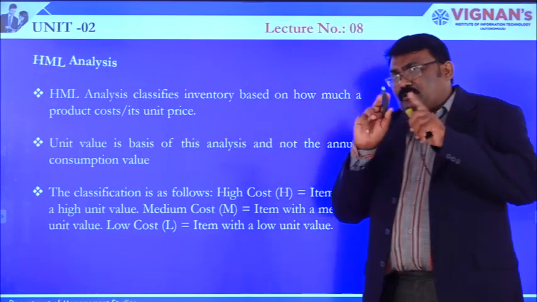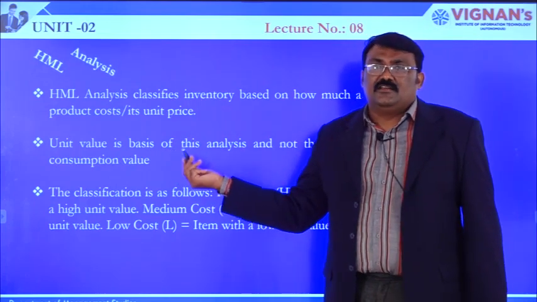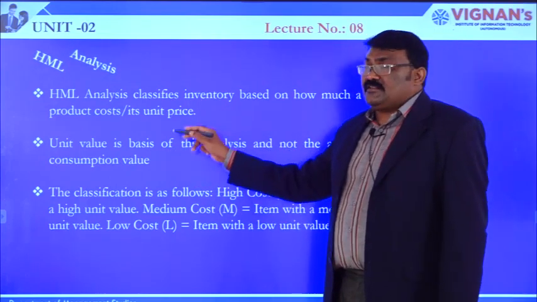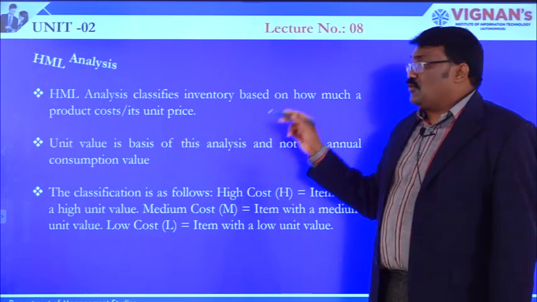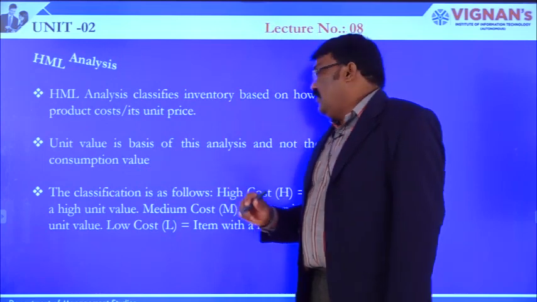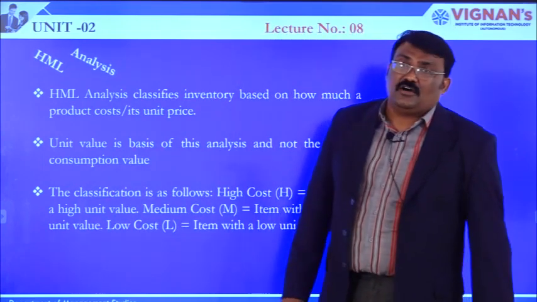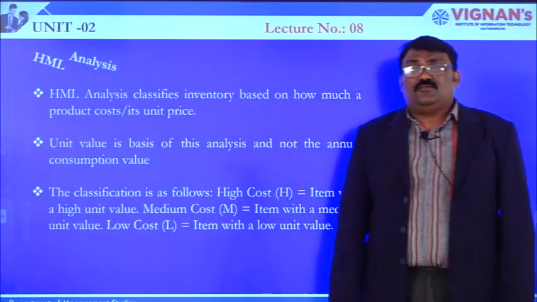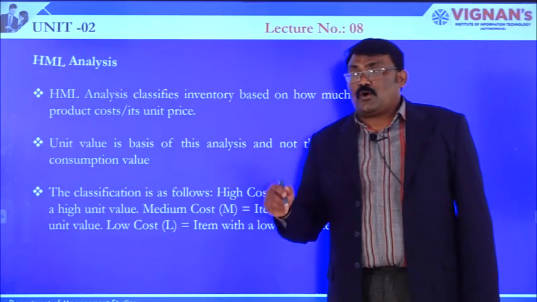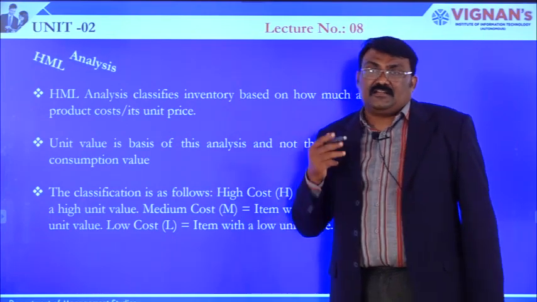That means for a product we calculate per unit value, not for the total sale which we have generated. So, we are understanding based upon the root cause of a unit value, but not on the annual consumption value, because when we use annual consumption value, the importance of the raw material may change over.